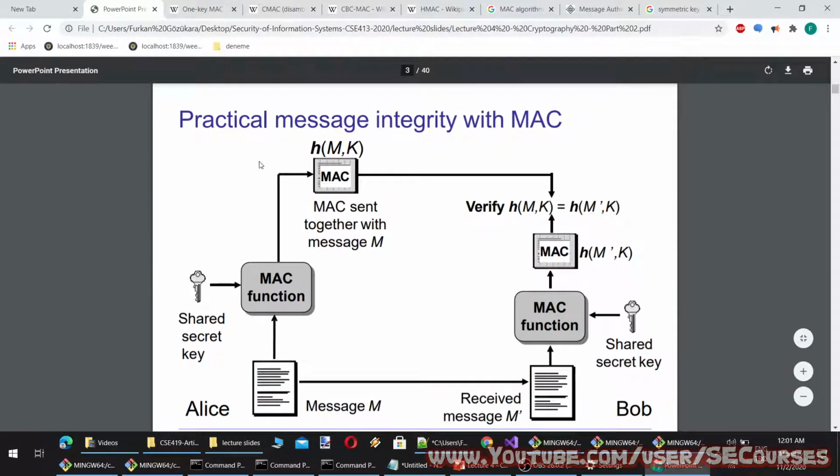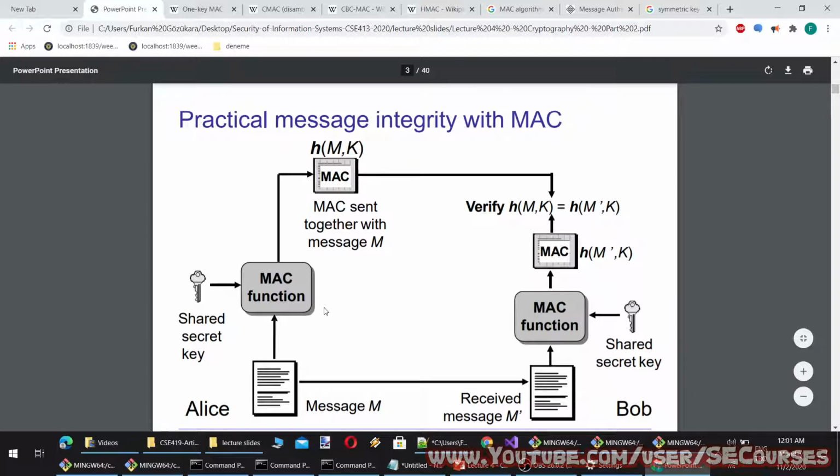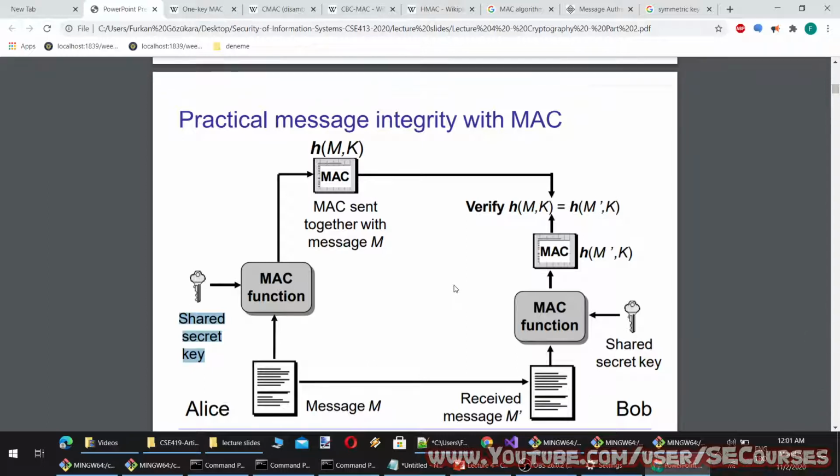Okay, so practical message integrity with MAC. How does it work? Alice wants to send a message to Bob. Alice uses the shared secret key, which was shared before applying the MAC function. So before even starting the message exchange between Bob and Alice, they both have the same shared secret key, let's say in secure ways.